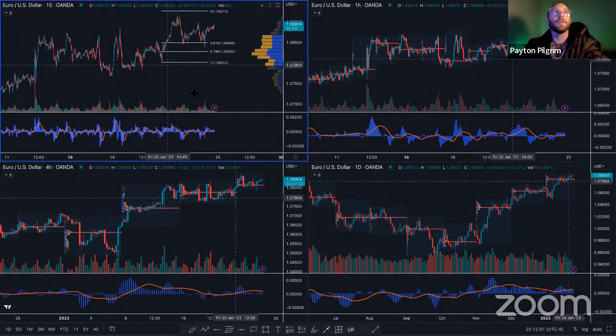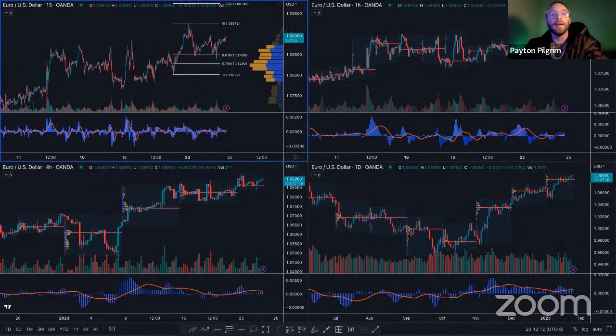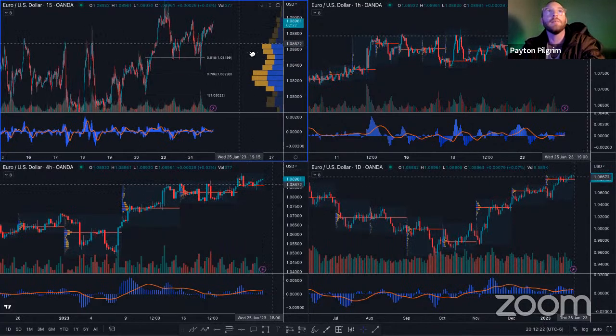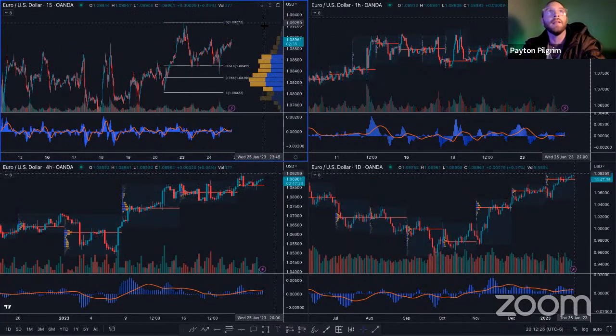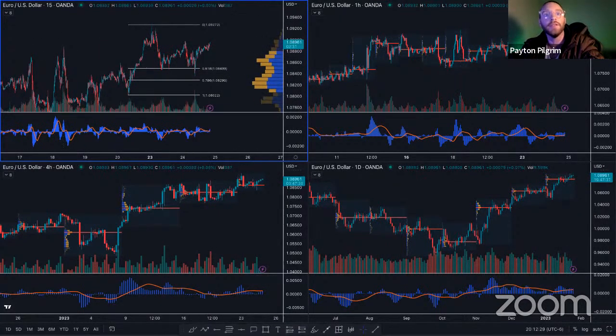We had this break of structure in a very bullish market, and then we get a retracement. Once we saw the ABC retracement, that gave us a little more confidence in the possibility for this to move to the upside. And of course, it just barely missed.